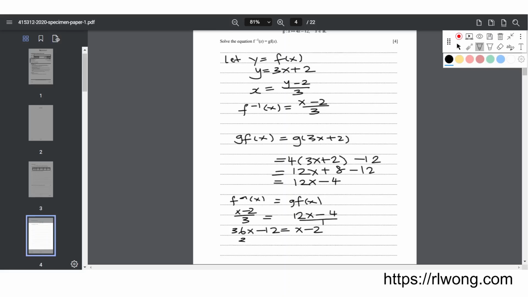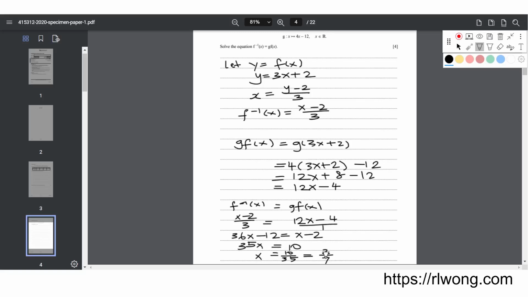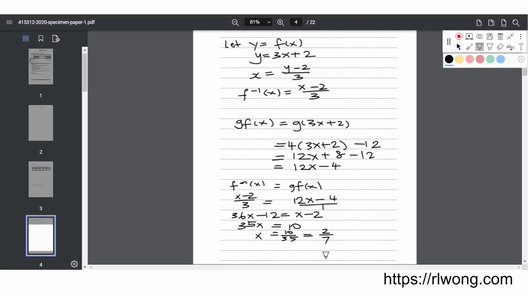So 36x minus x, I get 35x. I bring this over, so this becomes 12. 12 minus 2 is 10. So my x is 10 over 35, which equals 2 over 7. Therefore, the answer for this part is 2 over 7.